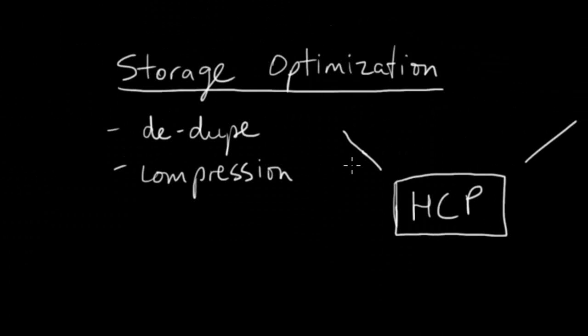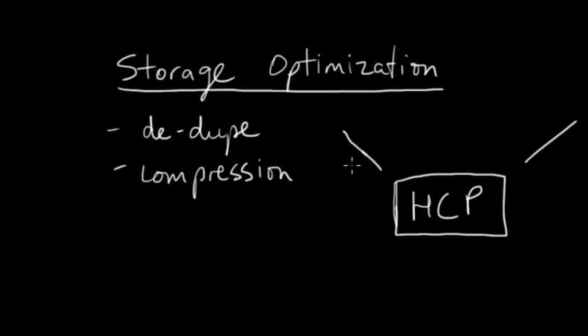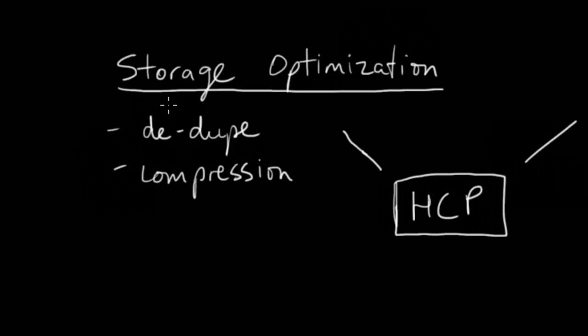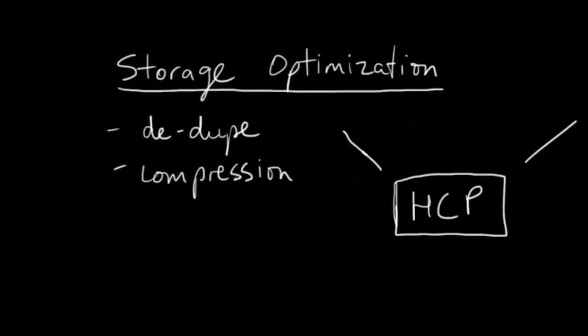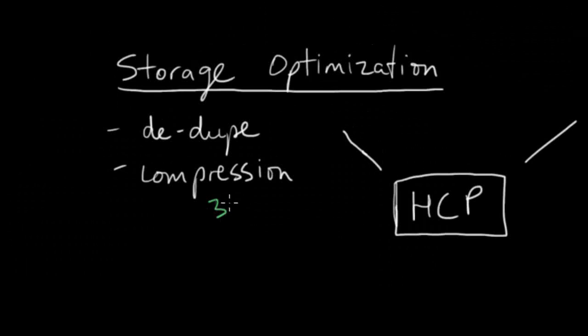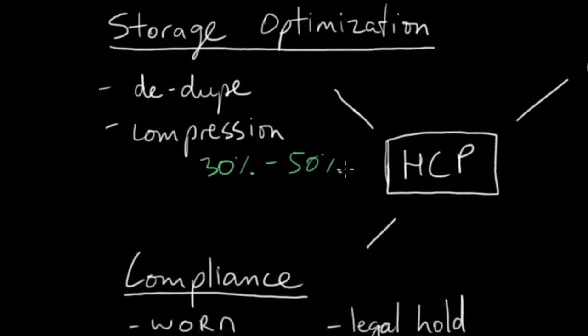We have the ability to dedupe the content and also to compress that content, and I'm talking about all of the content that's actually on HCP. What that can result in, of course, it's going to vary from customer to customer, is typically between 30 to, let's say, 50% space savings because of dedupe and compression efficiencies.